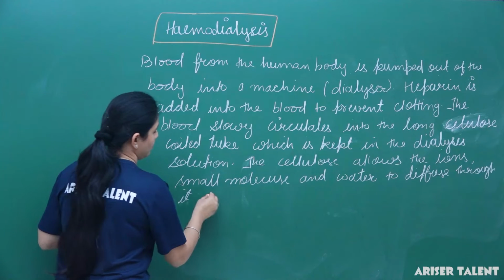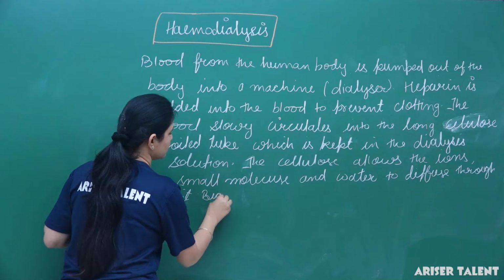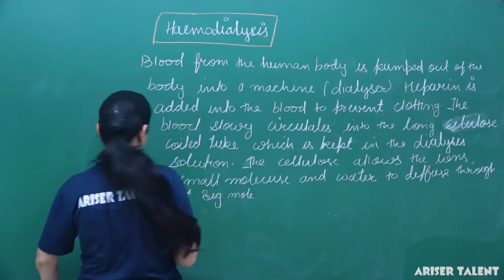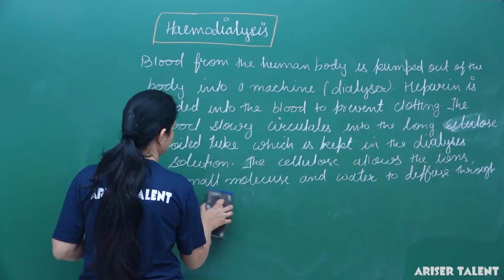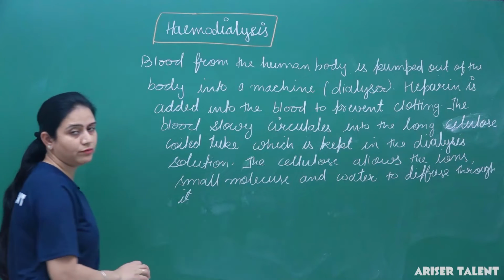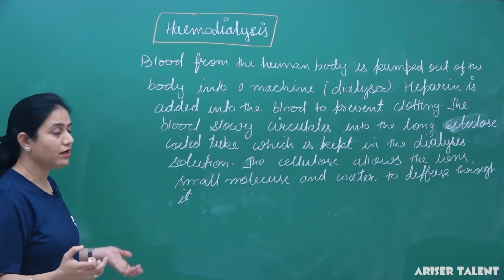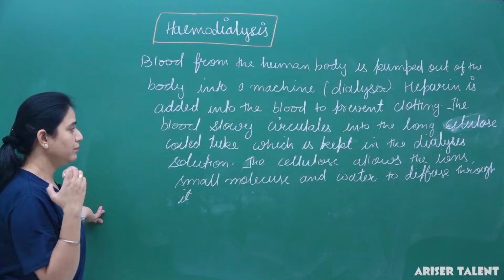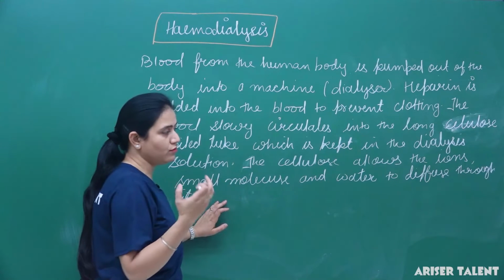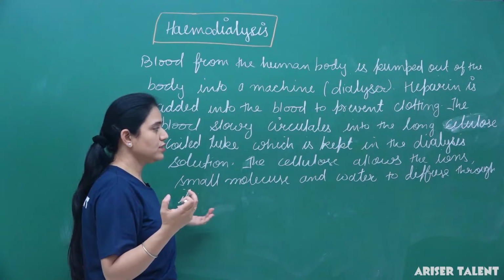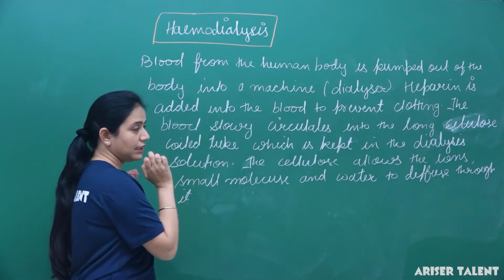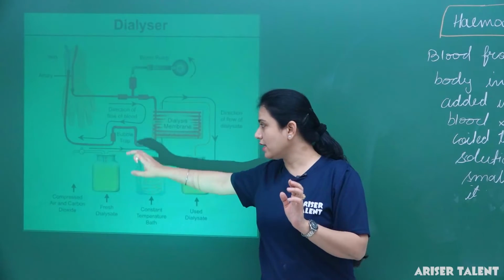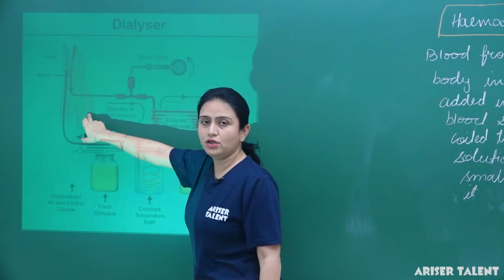Okay. Big molecules, or we can say the blood corpuscles and platelets, do not move out of the cellulose tube because they are big. So the complete process of dialysis allows the movement of small molecules and water molecules to diffuse through the cellulose tube, and then, as I have already told you, the cleansed blood is sent again to the human body.